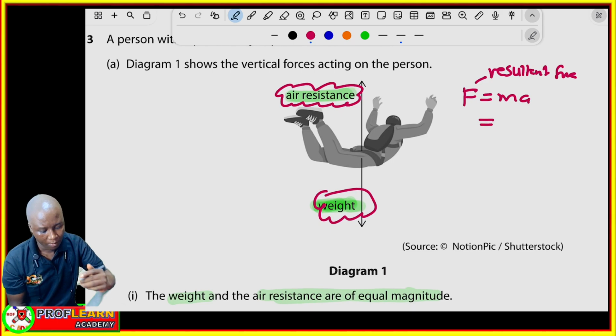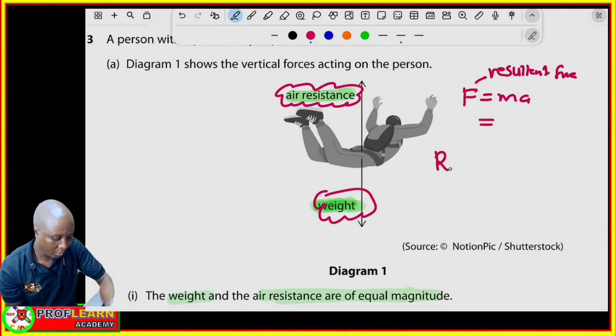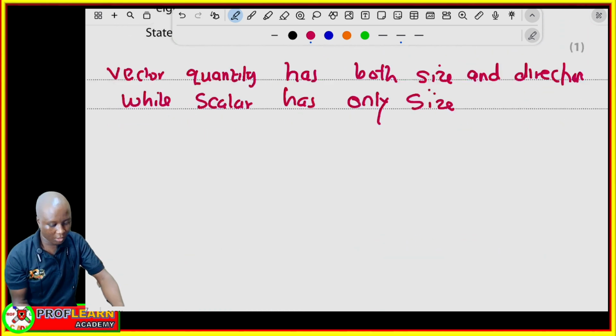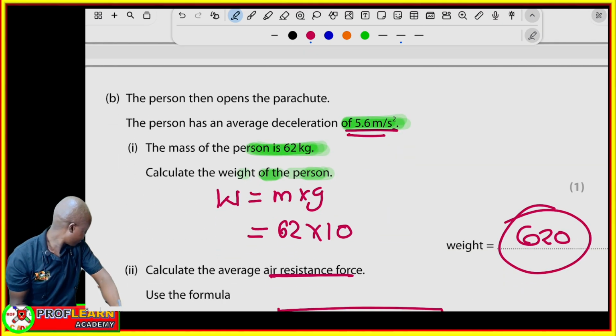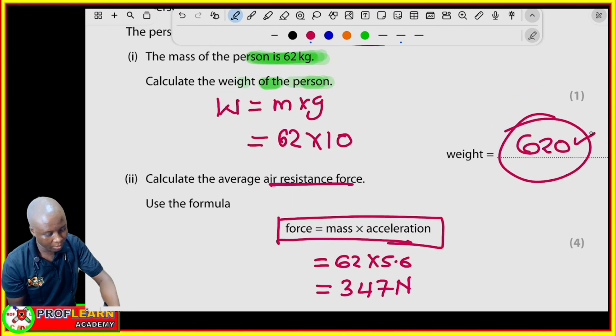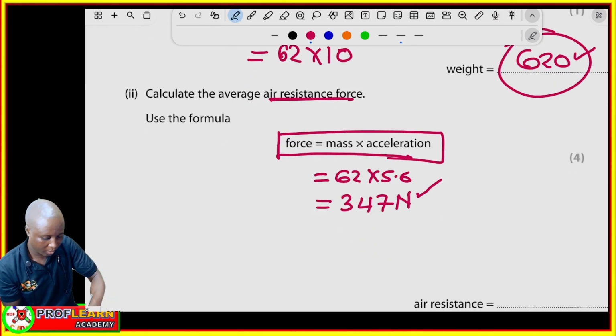So in that way, for us to work out the resultant force, it is going to be air resistance minus weight. And from the previous section, we have already worked out the weight, and we have the resultant force, so we are going to work out the air resistance.